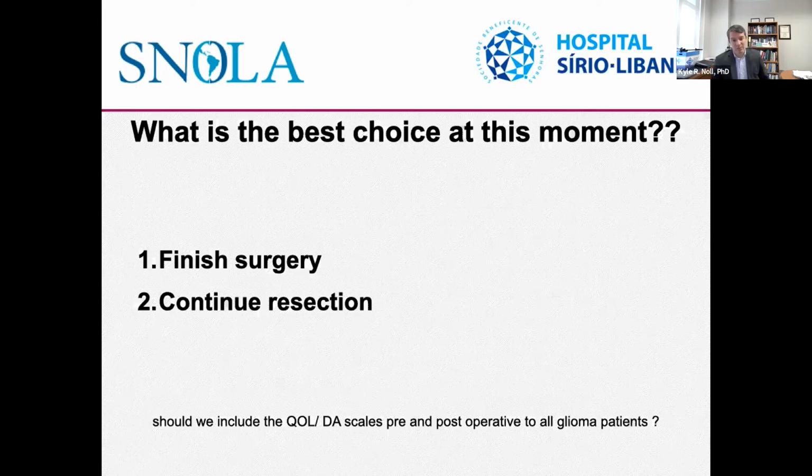Obviously, we weigh that with the need to get as maximally safe a resection as possible. But I think the only way that we're going to really understand the potential risks is to measure them. And I think we need the data to determine who is at most risk of these deficits, to give them the best information possible.